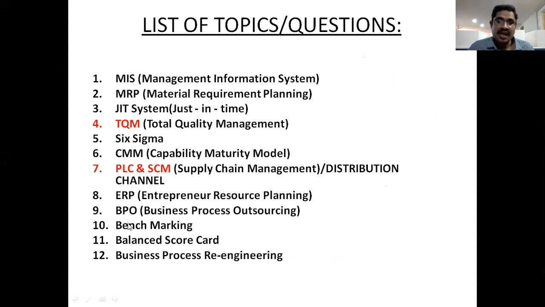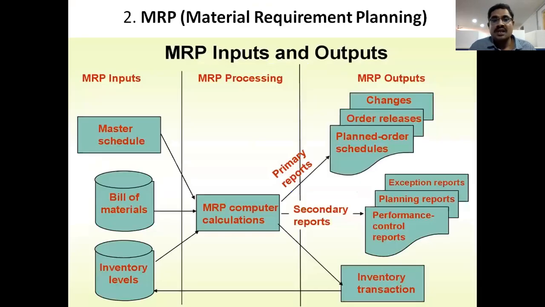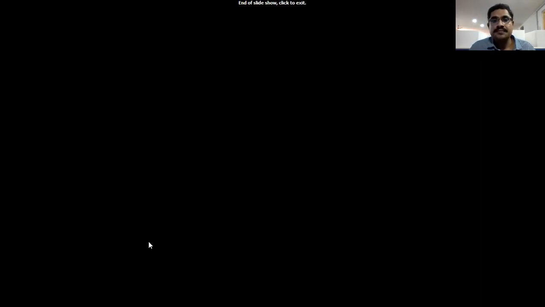Today's class we need to discuss the last three small topics: benchmarking, balanced scorecard, and business process reengineering. These three topics we need to discuss now, and then we will end this session with these three topics. So this is the last class of our MS. Okay, let us start the topic.